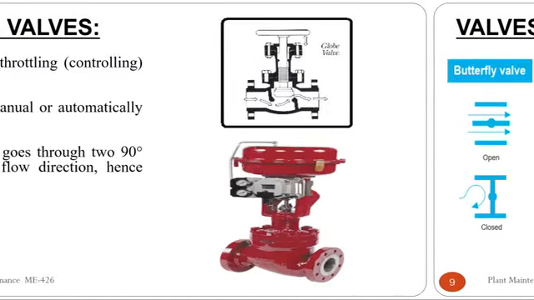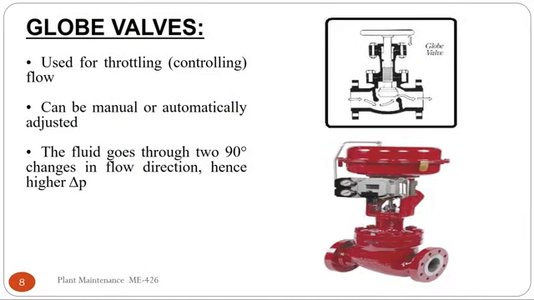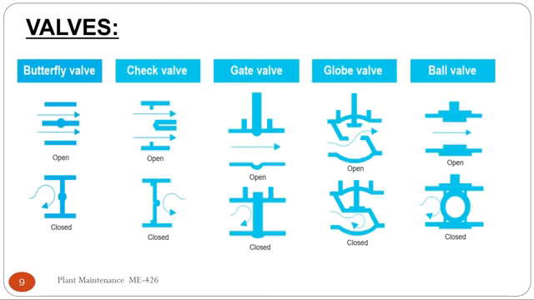Now in the last lecture we have seen the globe valve, and we saw the video of globe valve. Now this is basically a comparative chart of different types of valve showing the open and closed position. In the butterfly valve, as we have a butterfly, this is open and this is in closed position.